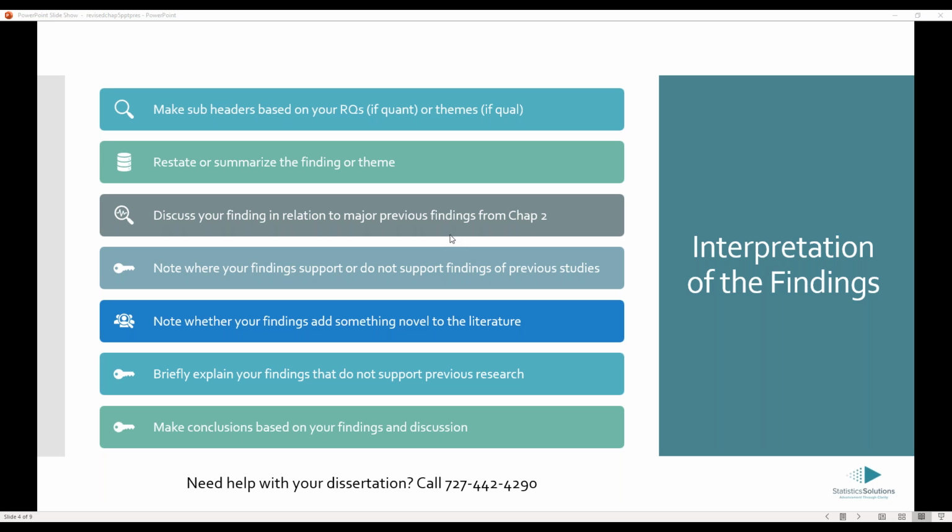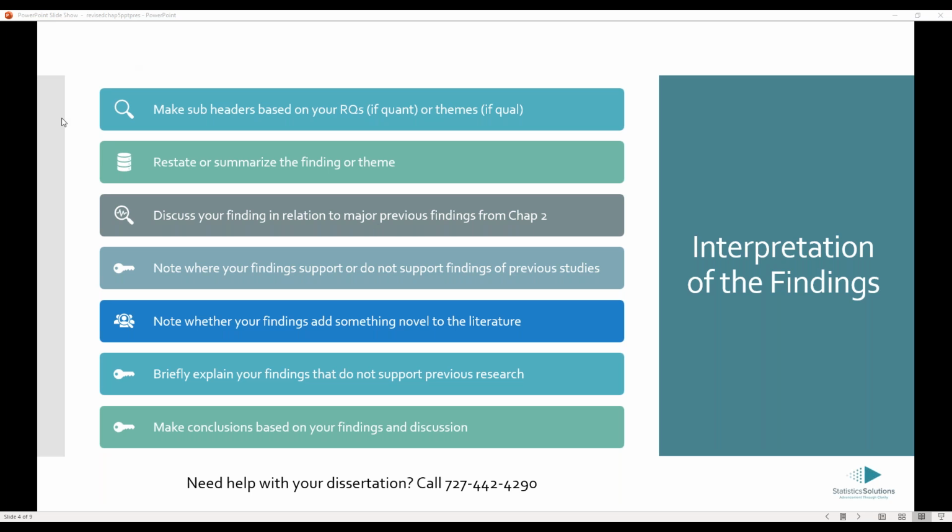So I would probably have an interpretation section for each, and again, some kind of synthesis section where you talk about them in relationship with one another. Or if you don't want to have the third section, you will have to do some kind of synthesis of the findings in both of those sections, in the qual part and the quant part.